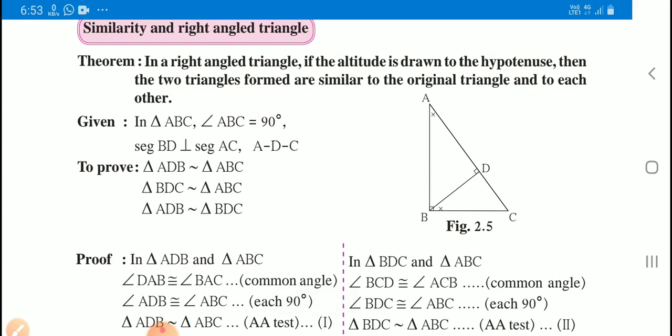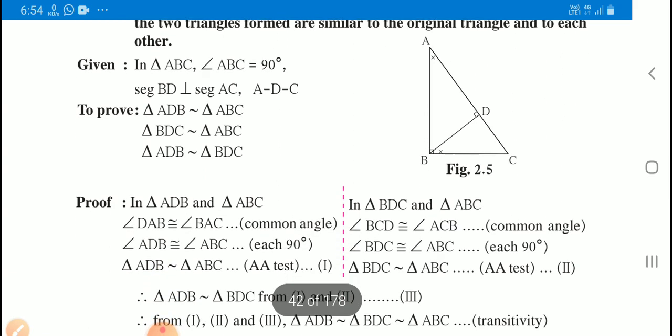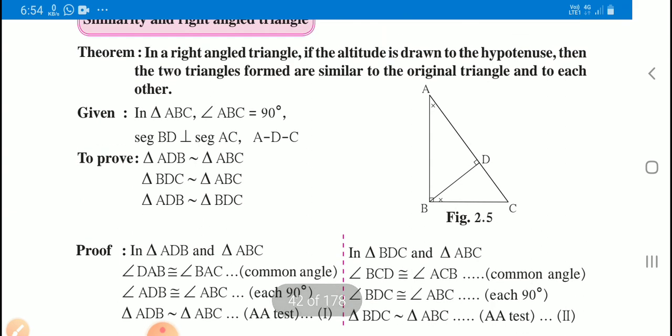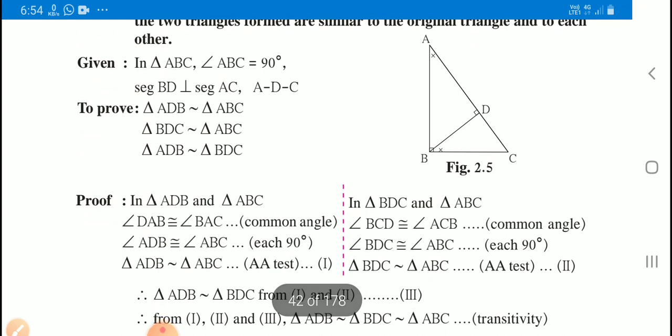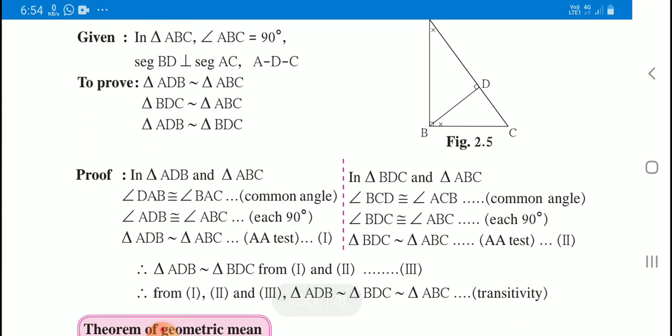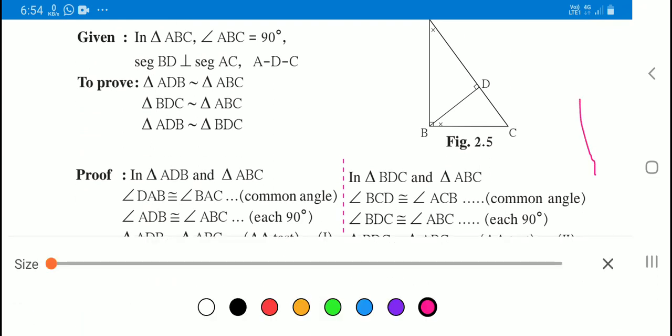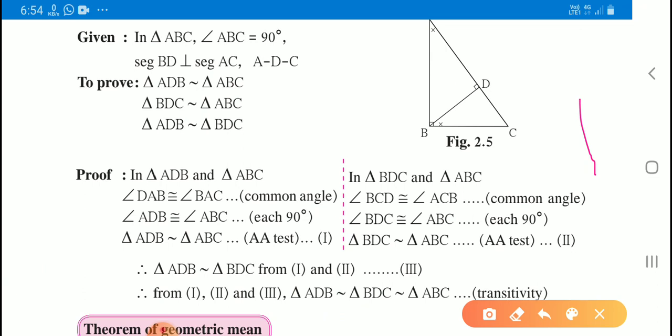The altitude, that you know, forms how many degrees of angle? It forms 90-degree angles. Okay, that you know. So here, which are the given things? Here they have given the triangle ABC. In that, angle ABC is 90 degree.